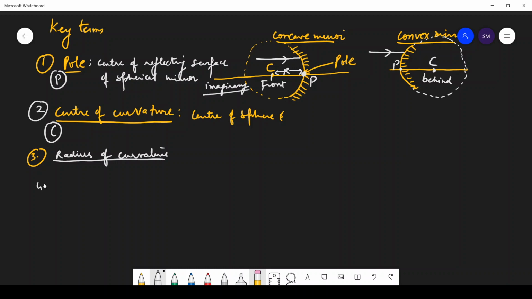So we have a line, this line, you can see here also this line, and this line is passing through pole and center of curvature. So how many lines can we draw passing through 2 points? There is only one line that can be drawn passing through 2 points. If you have 2 points, I ask you to draw a line passing through both the points, you will have only one line, and that line here is principal axis.